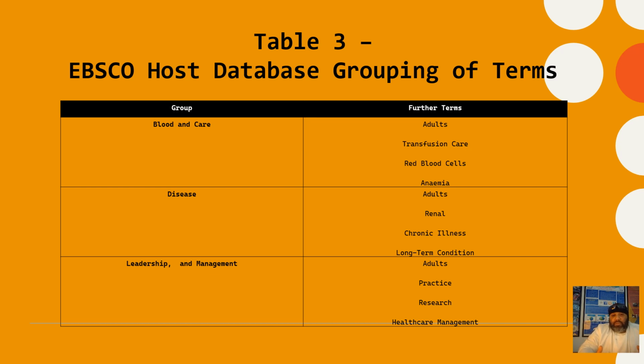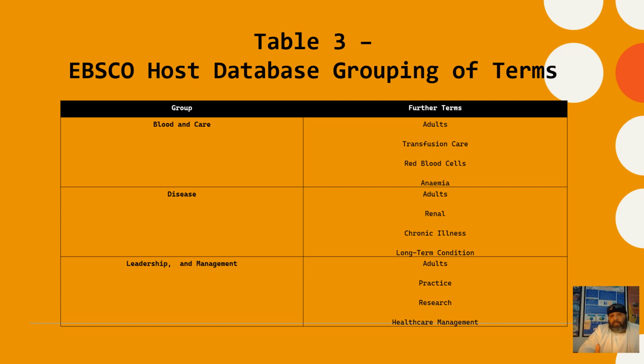So the terminologies in relating to this were blood and care, disease, leadership and management. And again, a combination of these words would have been used to identify papers that related to the remit of this work.